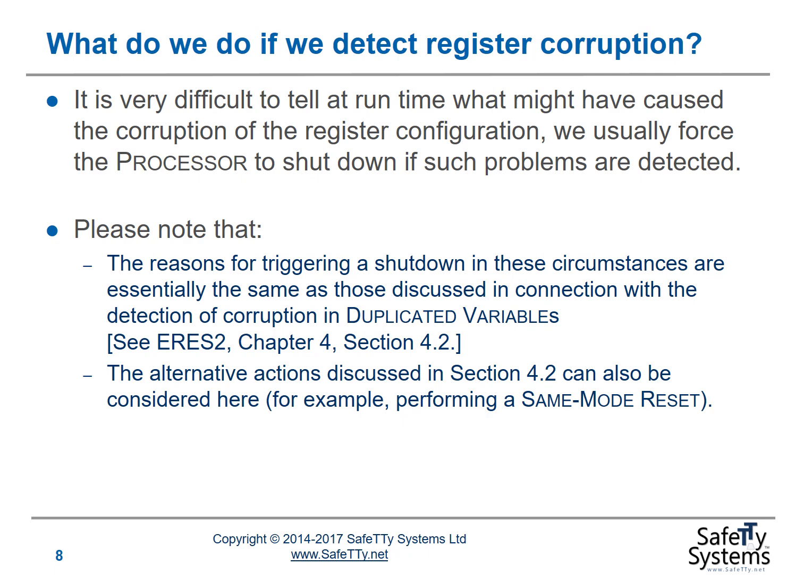The reasons for doing this are essentially the same as those we discussed for duplicated variables. You'll find this in the ERES2 book, Chapter 4, Section 4.2. The alternative actions that are discussed in Section 4.2 and in Video 4 can also be considered here if we find register corruption. For example, we can consider performing a same mode reset.